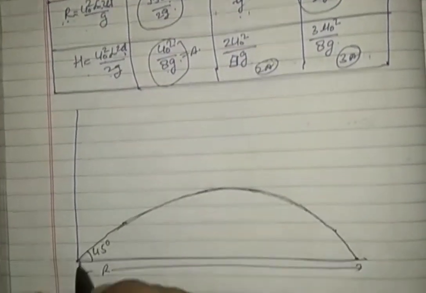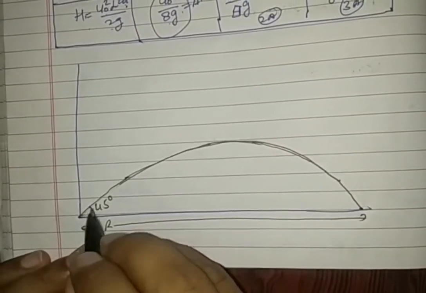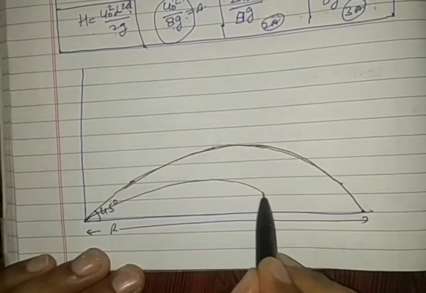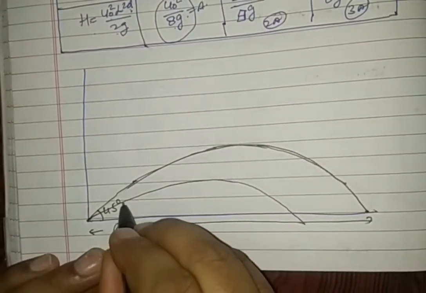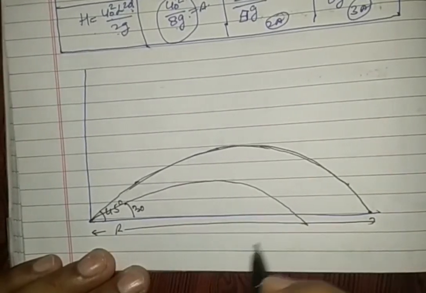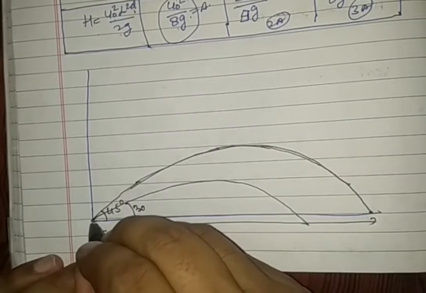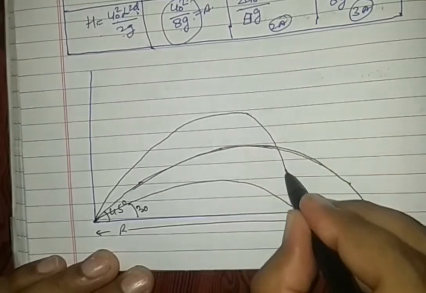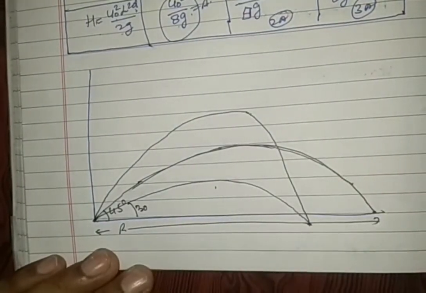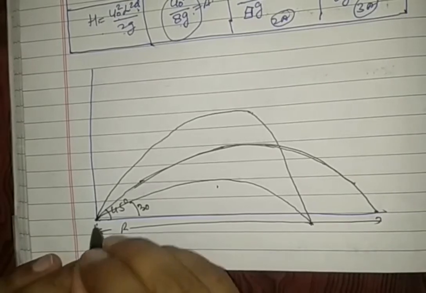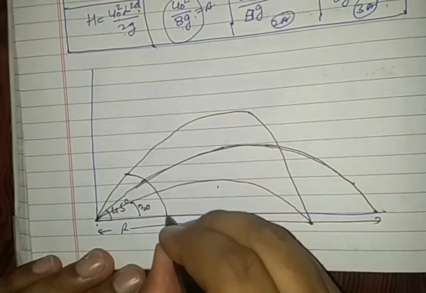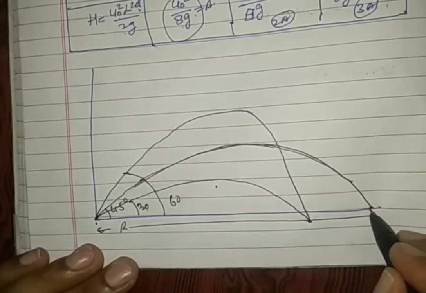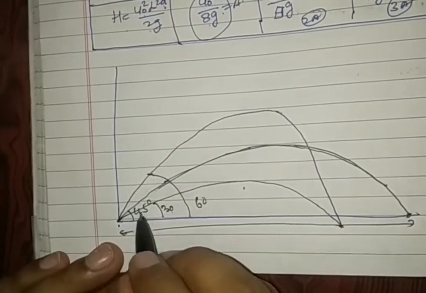Now when it is thrown at 30 degree, it is like this. Now if it is thrown at 60 degree, the height increases but the range remains the same. See clearly, either it is thrown at 30 degree or 60 degree, the range becomes same. So maximum range is possible at 45 degree.